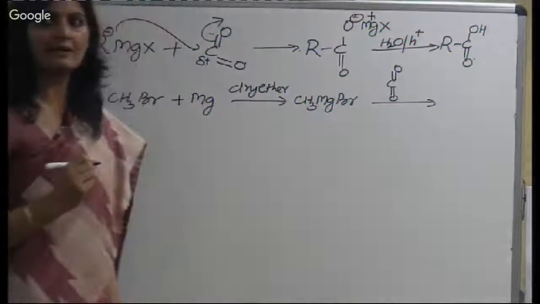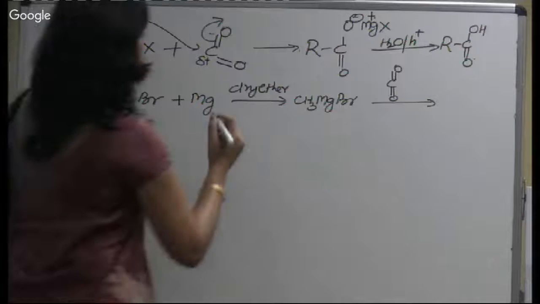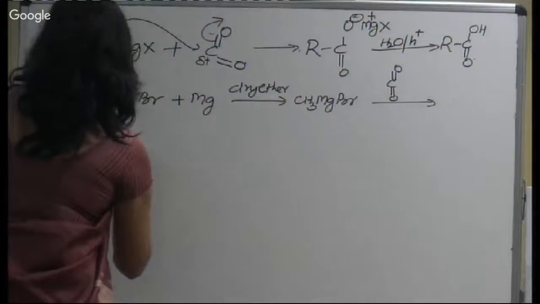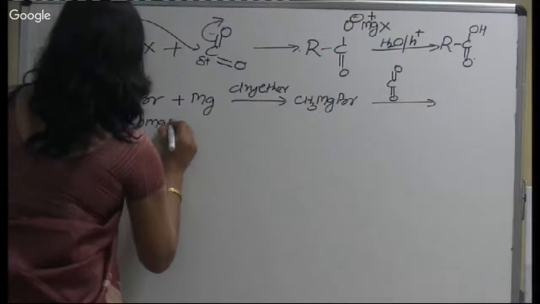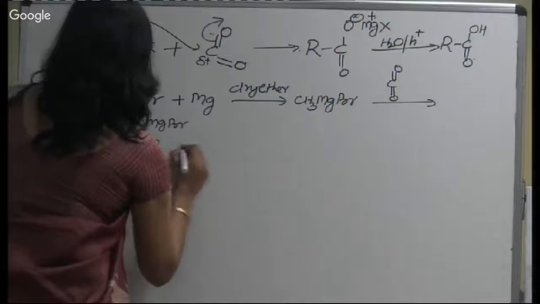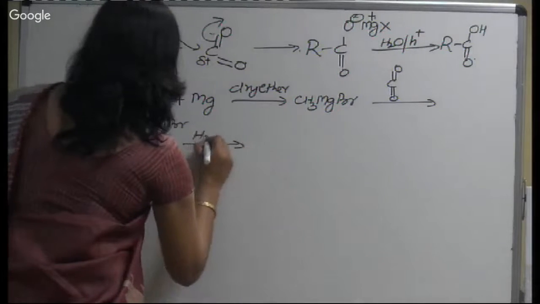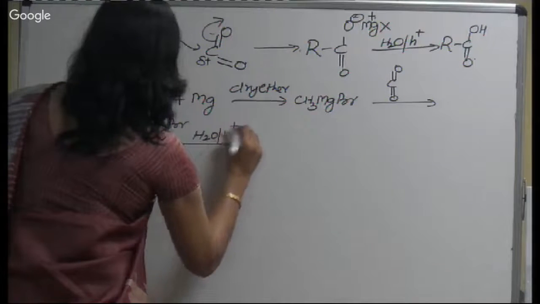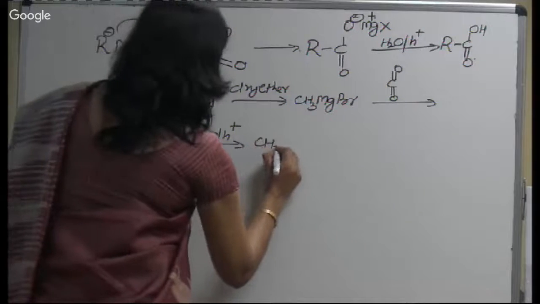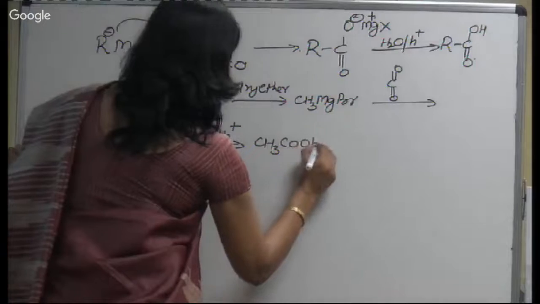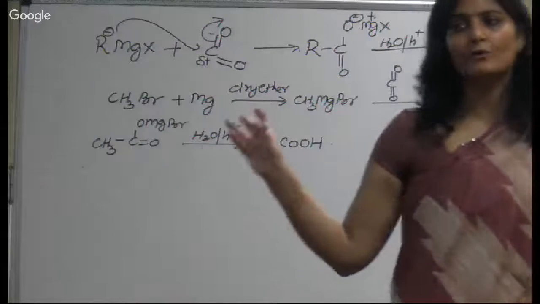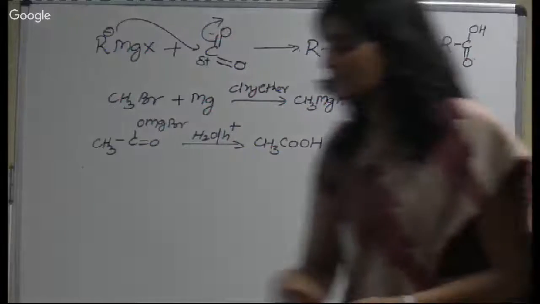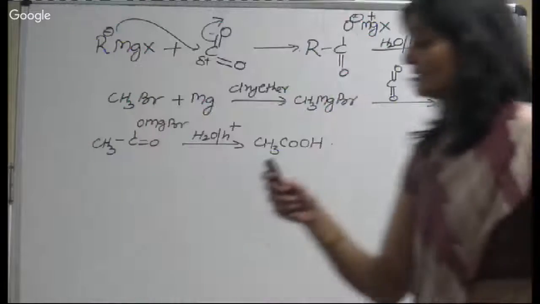So what will be the product that you will get here? Methyl bromide we have converted into acetic acid, which is a 2-carbon molecule.